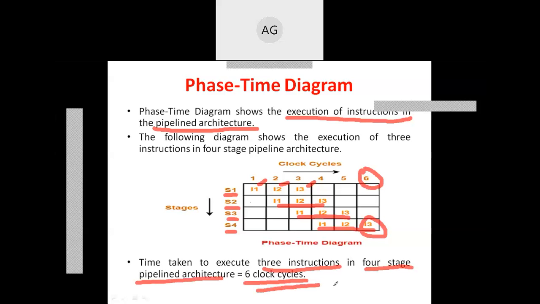So we can calculate the execution of instructions in pipeline architecture by using the phase time diagram, and it is very easy.